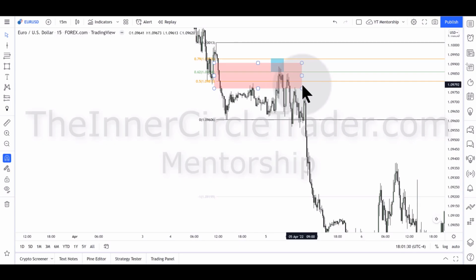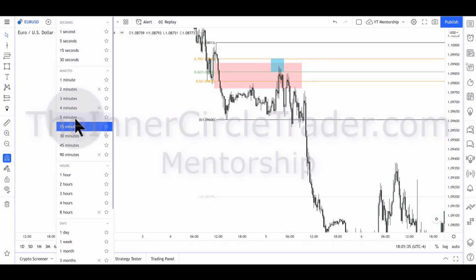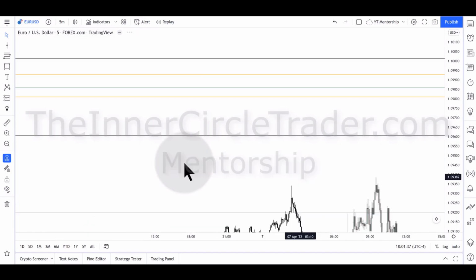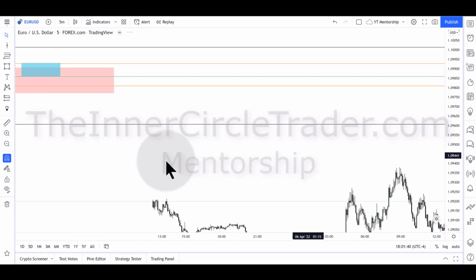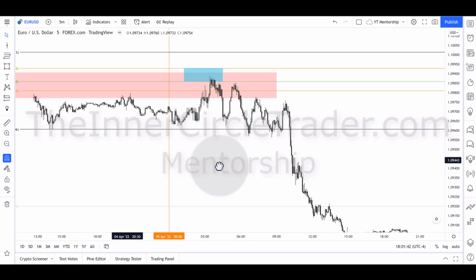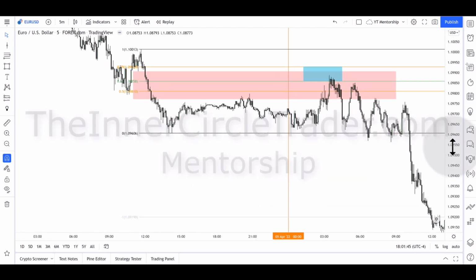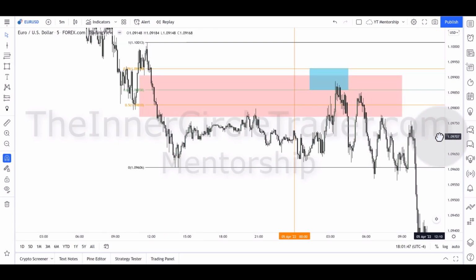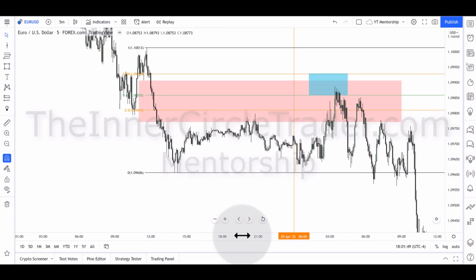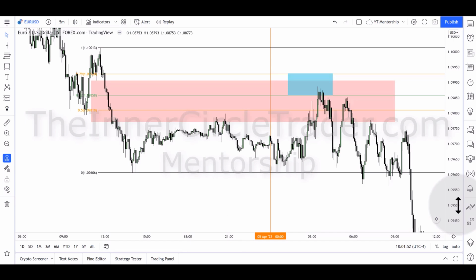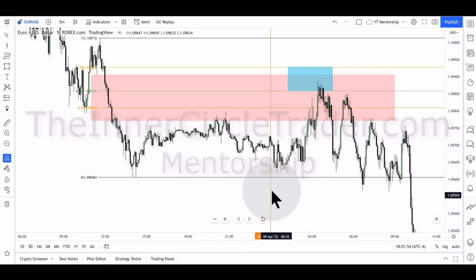But now we have to go into the most important factor, which is time. So we're going to drop down into the 5-minute chart. Okay, so here is the midnight candle at April 5th, transition from Monday into Tuesday's trading.